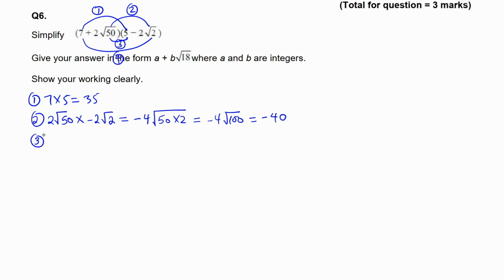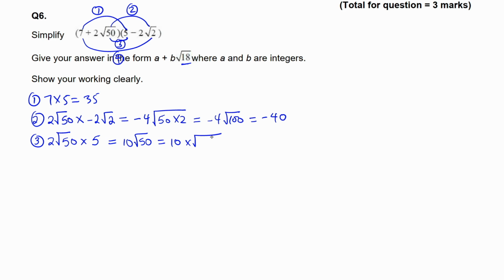For number 3, we have 2 root 50 multiplied by 5. So here again, 2 by 5 is just 10, so 10 square root of 50. But again, looking at that, I just want to simplify this further. So this will be 10 multiplied by square root of 50.